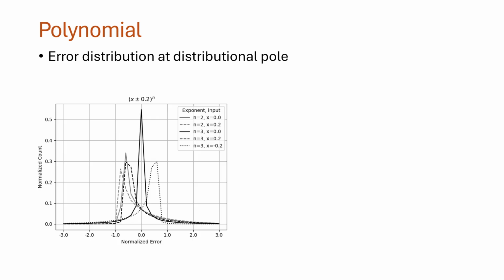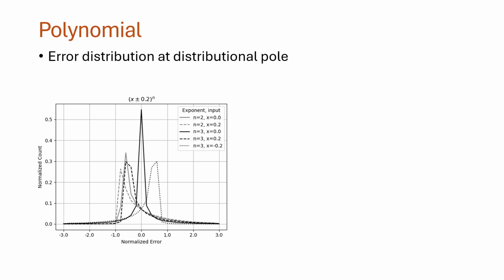Second, we see when n equals 2 and x equals 0, it's a left-sided delta function, as shown here, right? That is because the second derivative is positive. And we can also see this transition for n equal to 2 and x from 0 to 0.2, right? You can see a small change. It agrees with our previous claim that it is continuous in the parameter space.